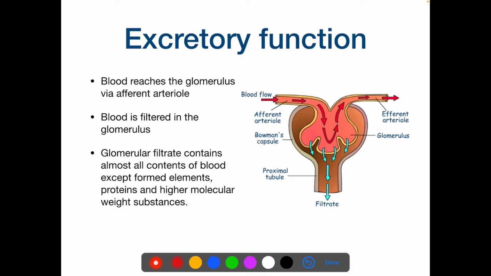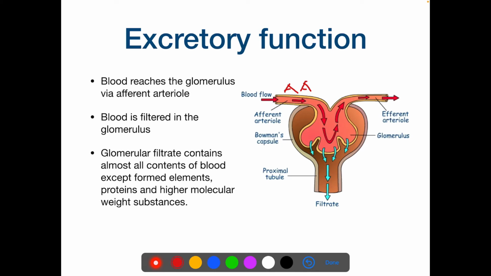So blood reaches the glomeruli through the afferent arteriole. This is the afferent arteriole where it is filtered. This is called glomerular filtrate. Inside the glomerulus, this blood will be filtered and it will be going back through the efferent arteriole.